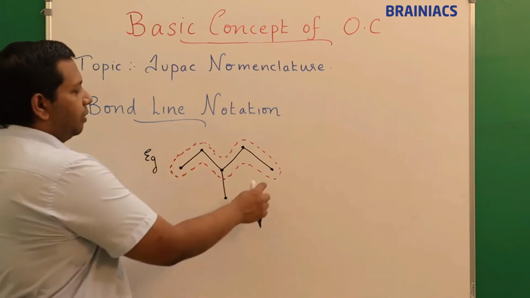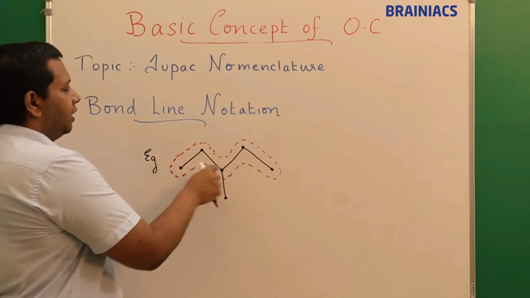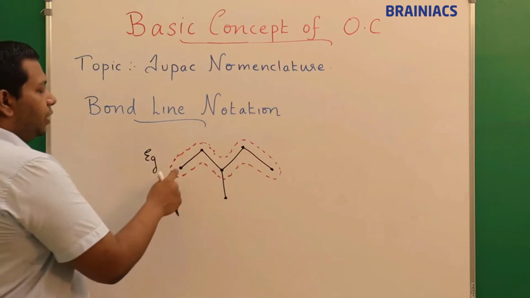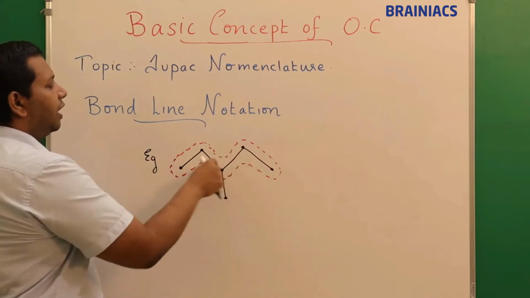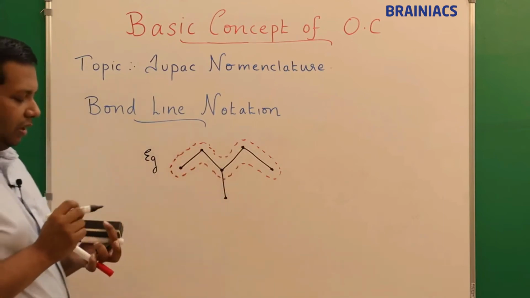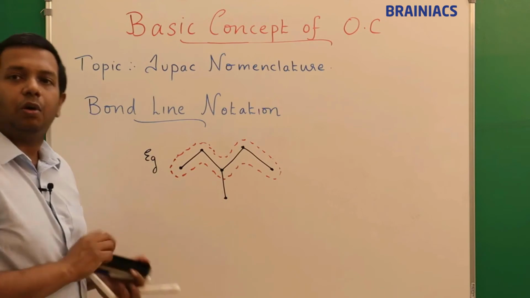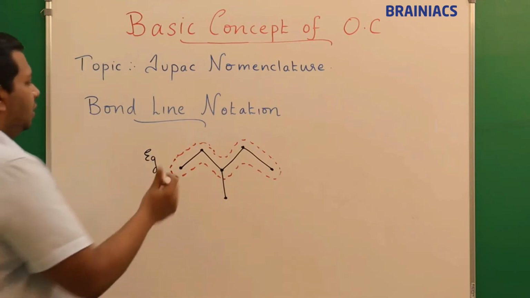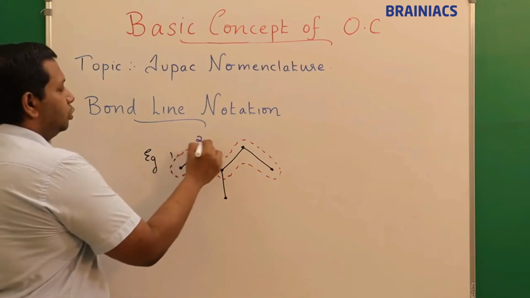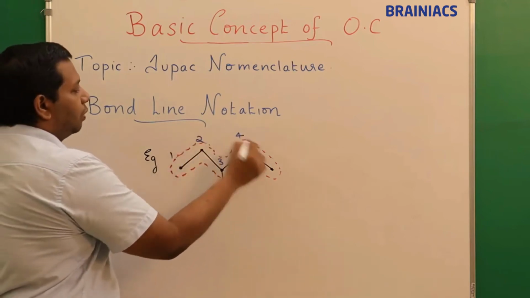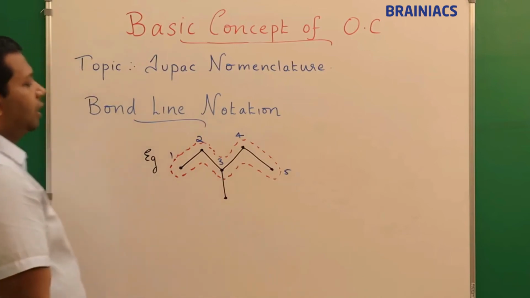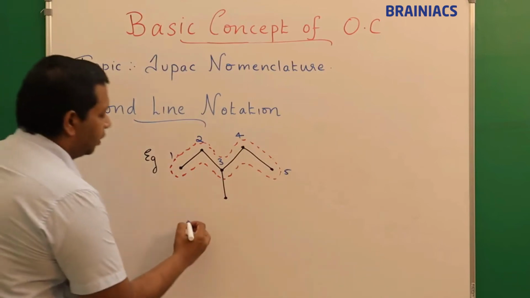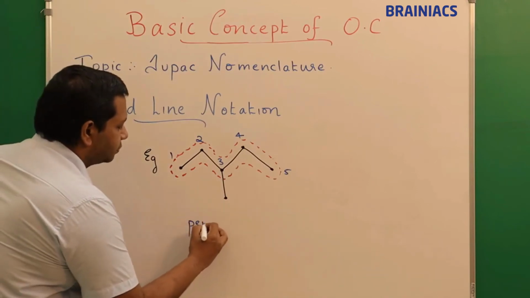If you number it from here, 1, 2, 3, 4, 5, 3 is the number coming. If you number it from here, 1, 2, 3, 4, 5, again 3 is coming. So there is no point in numbering from left to right or right to left. So let's say we are numbering from left to right: 1, 2, 3, 4, 5. Now tell me, if there are 5 carbon atoms, what is the term used? Pent.